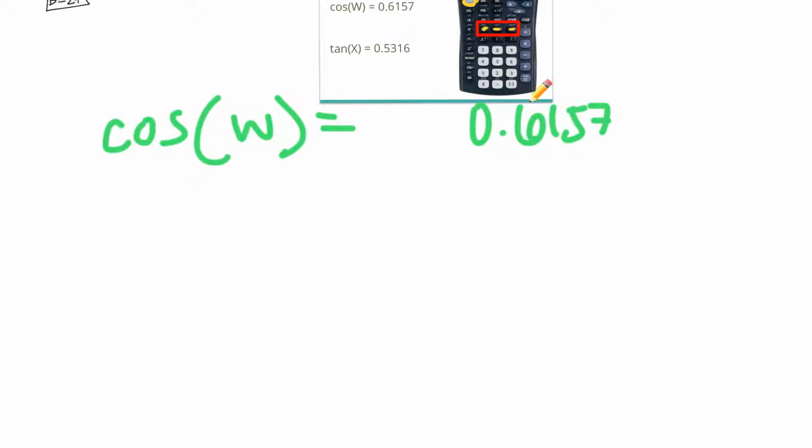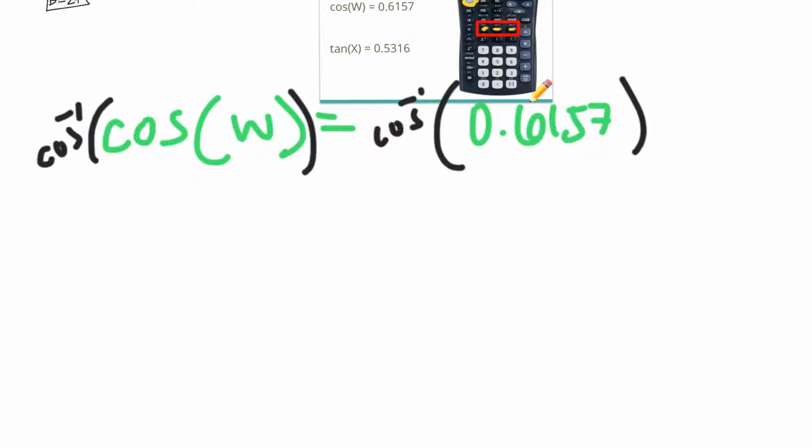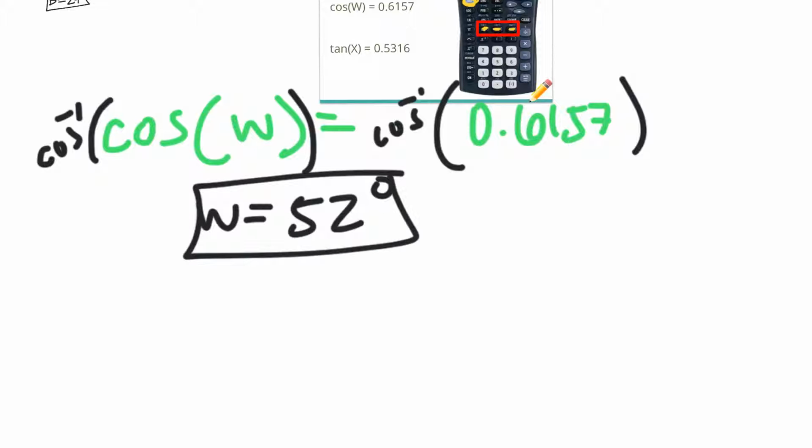Now to get rid of that cosine, all I have to do is take the inverse cosine of this side, and then once you plug it into your calculator, let me type it in because I haven't done this one yet, you will get that w is approximately 52 degrees. See how that's making sense?